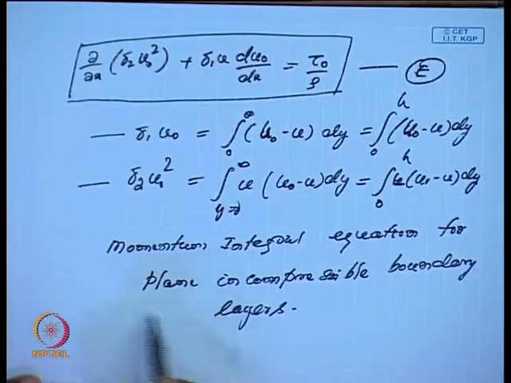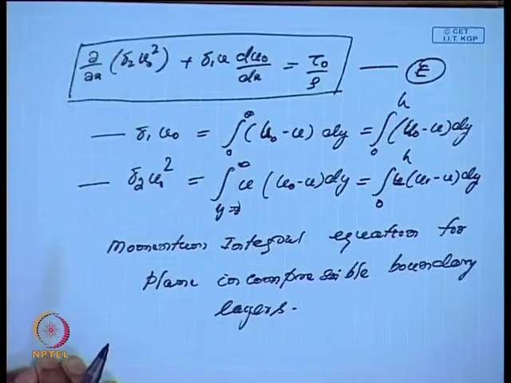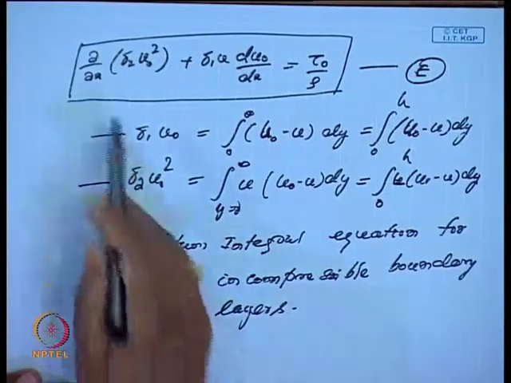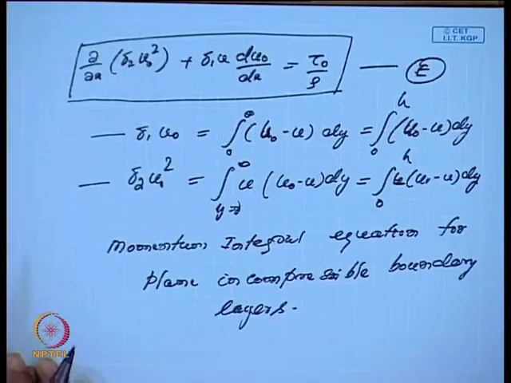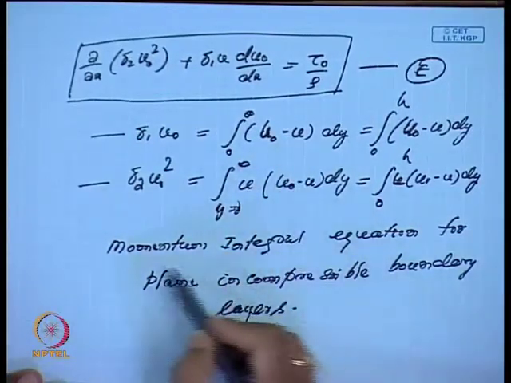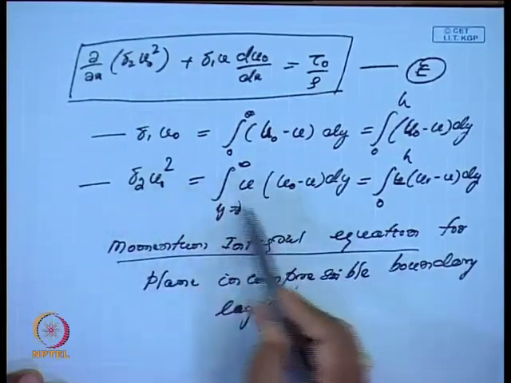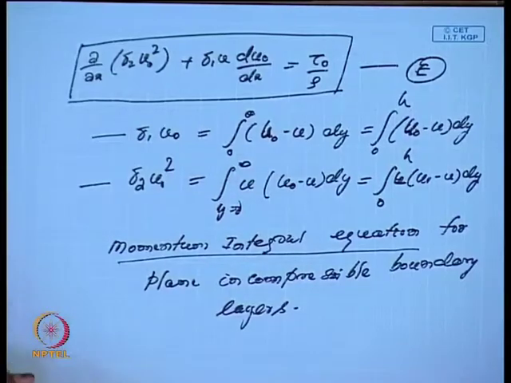So, this is what I was telling, that finally we have brought it in a form of a differential equation in terms of del 2 and del 1, and u is under the sign of integration here. So, once u is under the sign of integration, we call this an integral equation. Since the momentum displacement is involved, we call this a momentum integral equation.